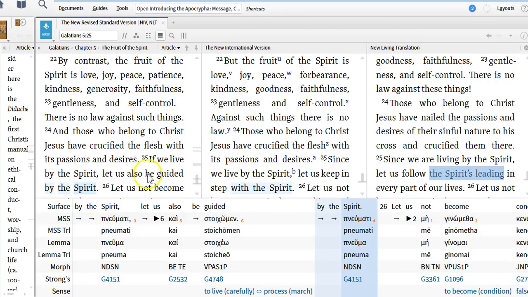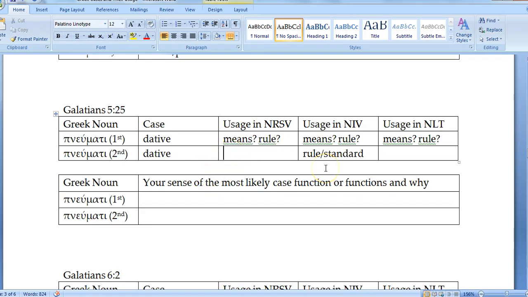Let us be guided by the Spirit, probably dative of agency here, which again is not common because the dative usually deals with instruments, with means, with tools being used to get the main action done. But the Spirit itself, himself, herself, is kind of a strange case in this regard. Some kind of agency.